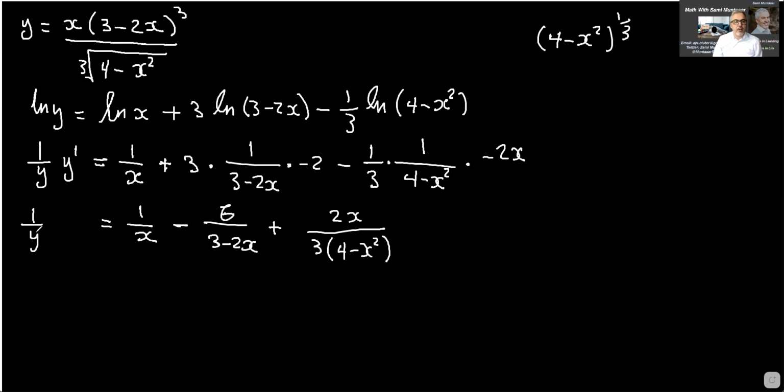Now, don't forget that we have 1 over y prime. To solve for y prime, we're going to cross multiply the y right into all of this, which gives me y prime equals y.